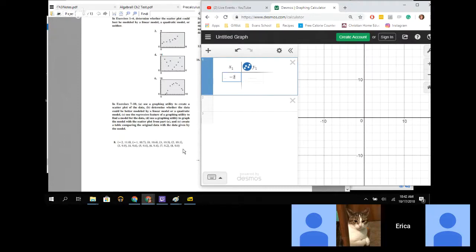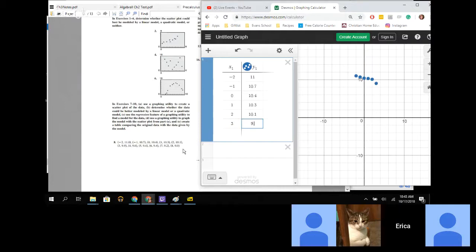When x equals -2, we get 11. Then -1, 10.7, 0, 10.4, 1, 10.3, 2, 10.1, 3, 9.9.